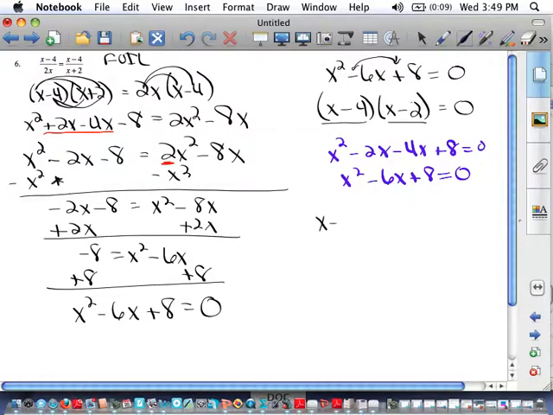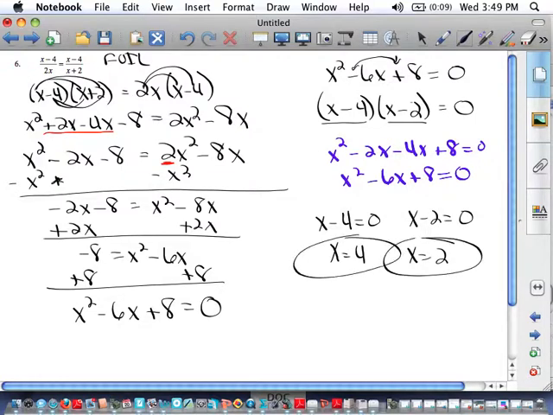When x minus 4 is equal to 0, or when x minus 2 is equal to 0. So when x is equal to 4 and x is equal to 2. If you substitute those two values into the original equation, you will find that that equation is true. There will be a problem like that, similar to that, on the quiz.